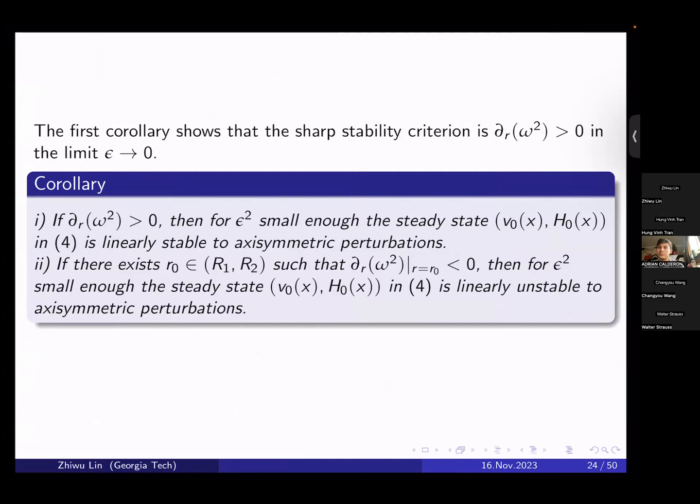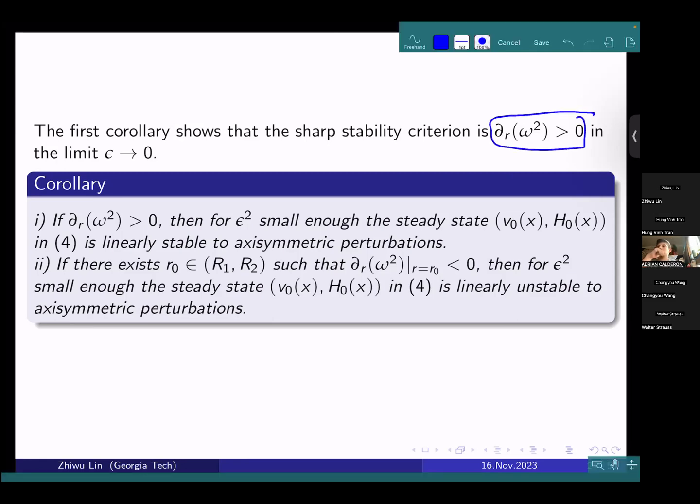Now you can get from our stability condition the following corollary. If you take epsilon to 0, in this limit, the necessary and sufficient condition for instability is exactly the MRI criterion. In other words, partial R omega squared should be positive everywhere. So this is a sharp condition for linear stability in the limit epsilon goes to 0.